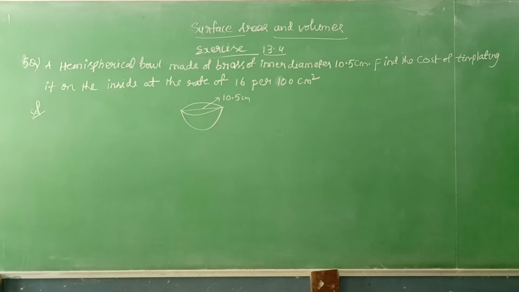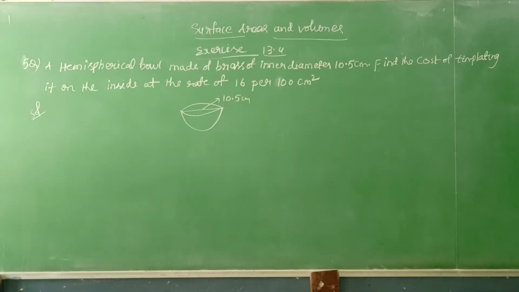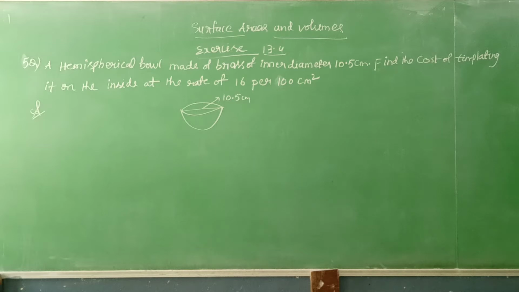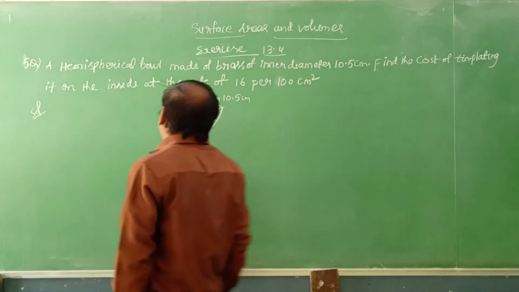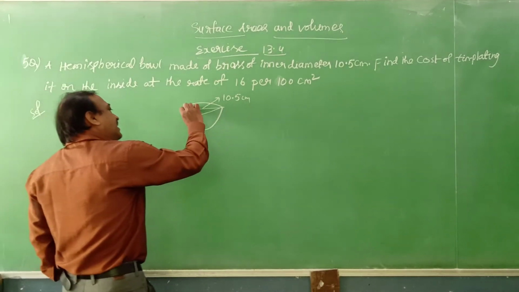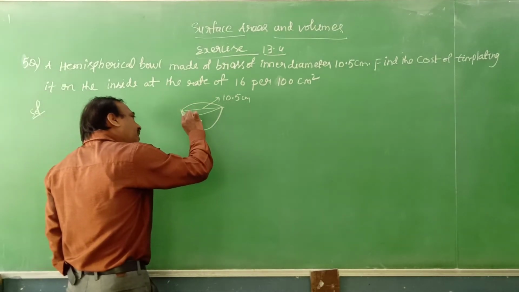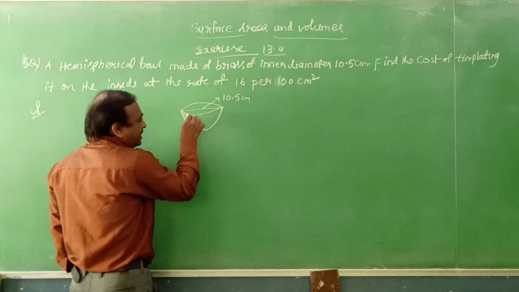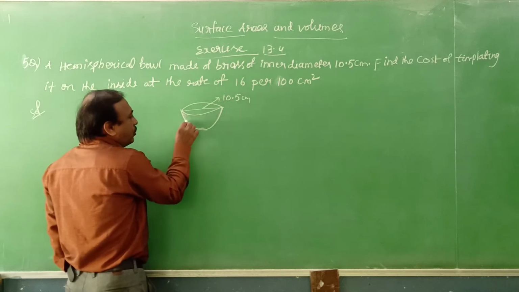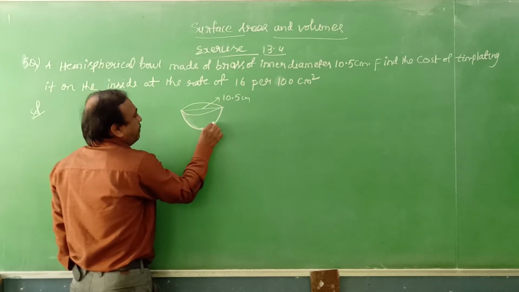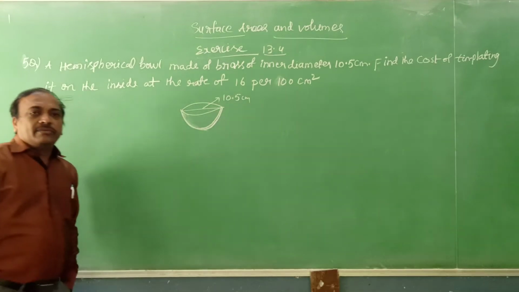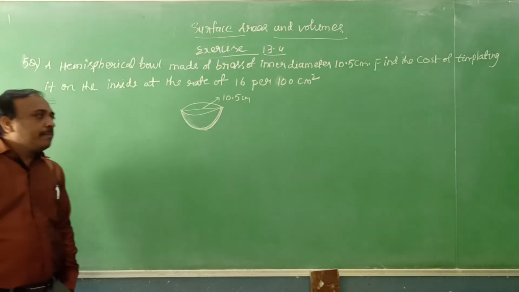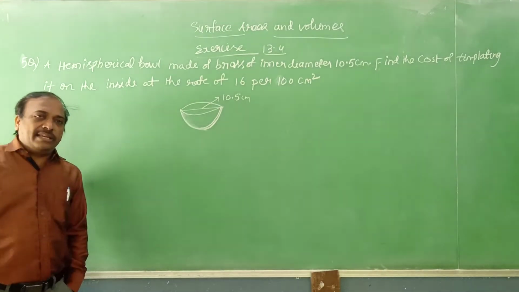You have to think. Come on, guess it. Which one do we have to calculate when you are coating it on the inside? They are coating like this, not this much thick. They wanted to coat it with a tin plate like this. So what do we calculate? We will be calculating its curved surface area.